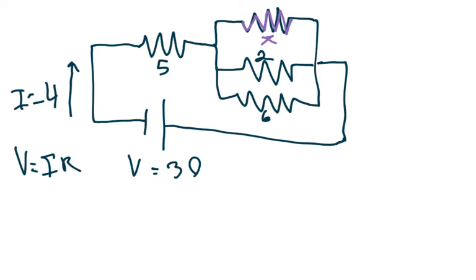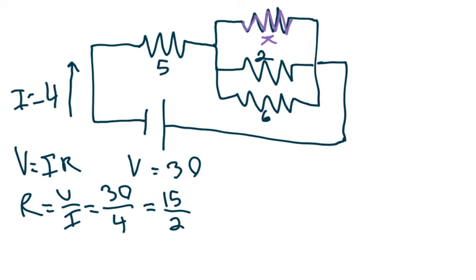And to get R by itself, we divide both sides by I, so R equals V over I. And this is 30 over 4. And that's going to simplify to 15 halves. So the total equivalent resistance of this entire circuit is 15 halves.